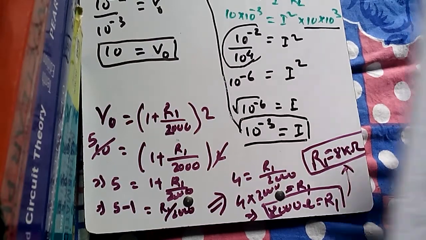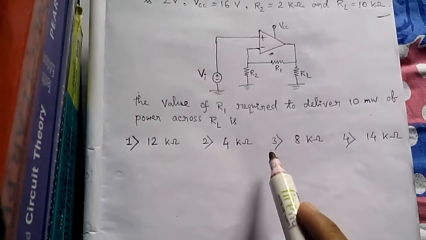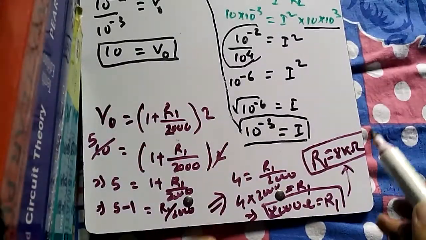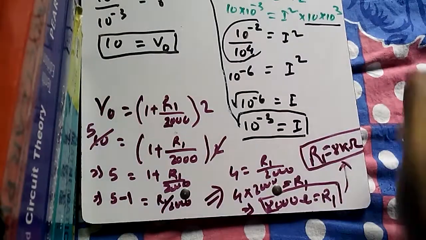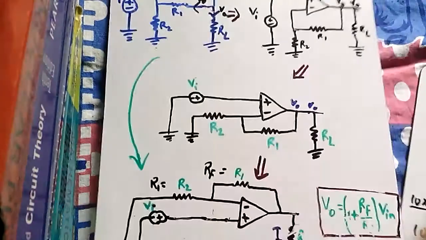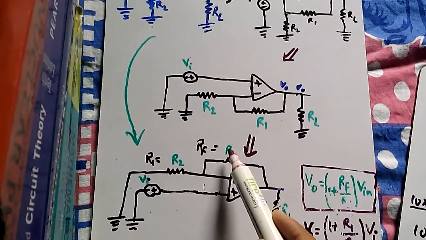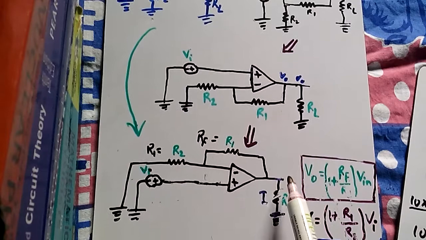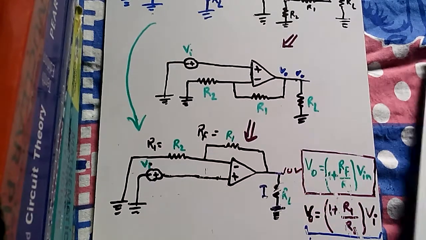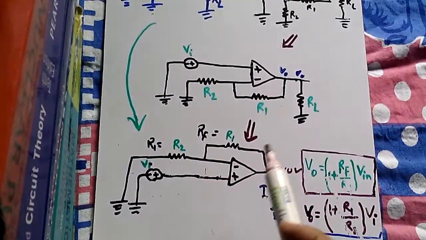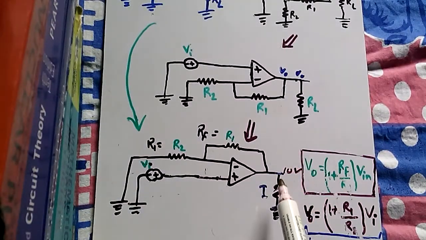So this is it, and our answer is 3. So when this R1, that means the feedback resistance is 8 kilo ohm, then the voltage will be 10 volt as we found here, and in that case only the current will flow across RL such that there will be a power consumption of 10 milliwatt.